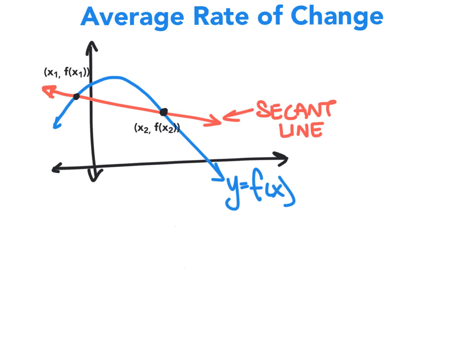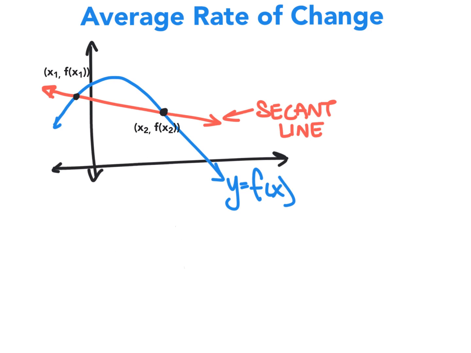The average rate of change between any two points, like x1, f of x1 and x2, f of x2, is just the slope of the line through those points, and that line is called a secant line. In calculus, you'll focus on bringing these two points closer and closer together to find a rate of change at an instantaneous point, but we're not going to worry about that right now.